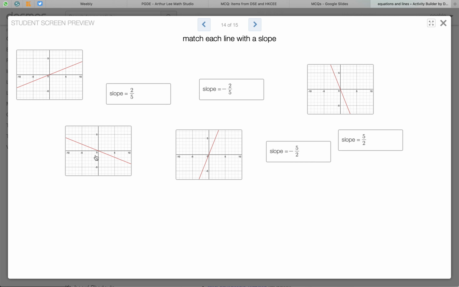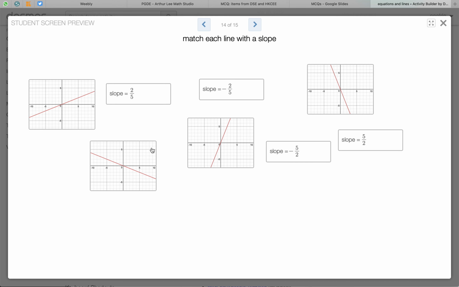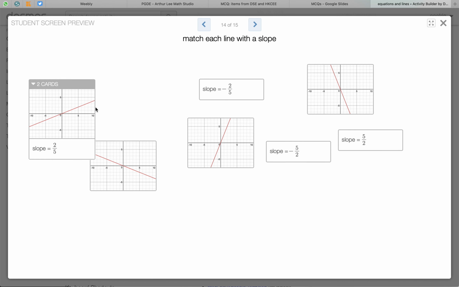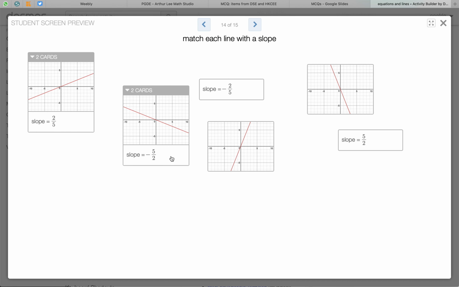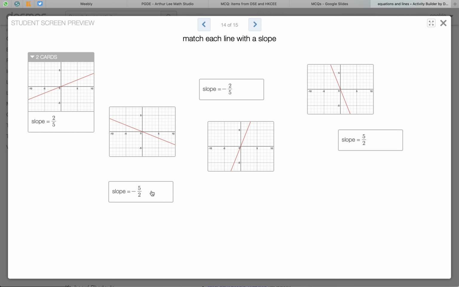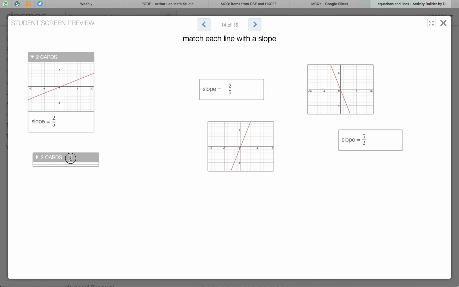Just like this one, we ask the student to match the graph with the slope, right? So the students can try to put together the slope and the graph, for example, in this way, and you can also amend it quickly if you make any mistake, or you can hide them so that you have more space for the work here on the screen.